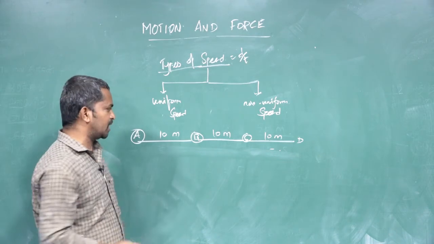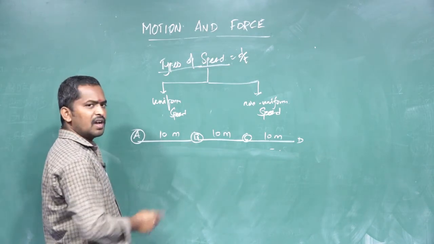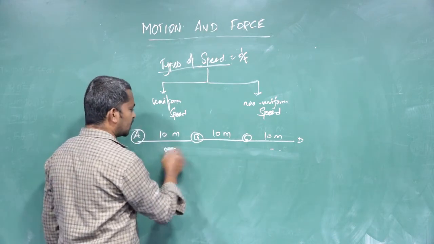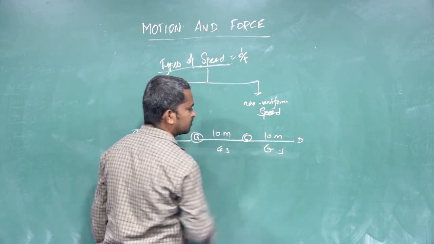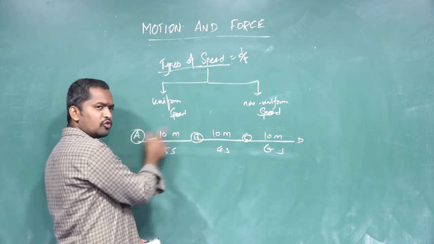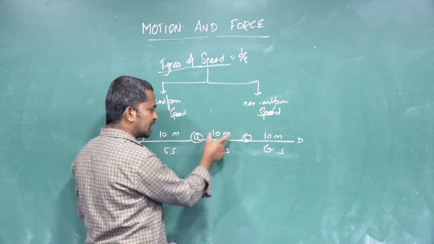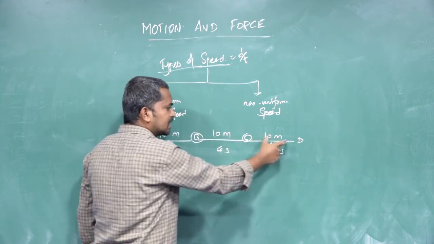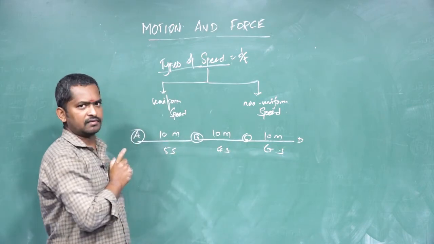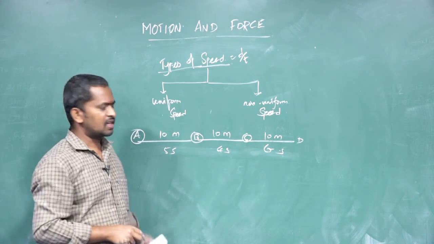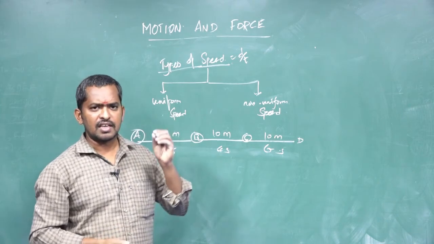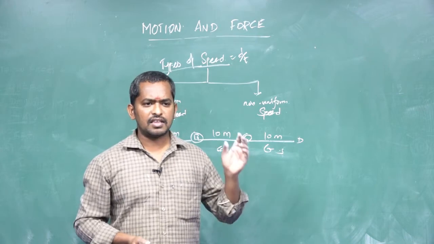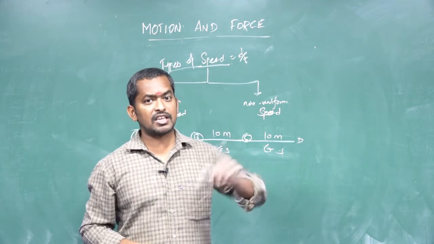For non-uniform, first case: equal distance but unequal time intervals. A to B is 10 meters in 5 seconds, B to C is 10 meters in 4 seconds, and C to D is 10 meters in 6 seconds. This is equal distance, unequal time period: non-uniform speed.